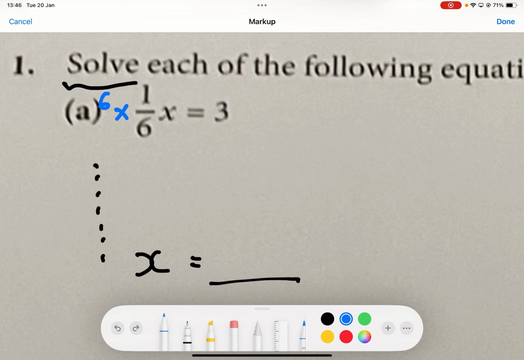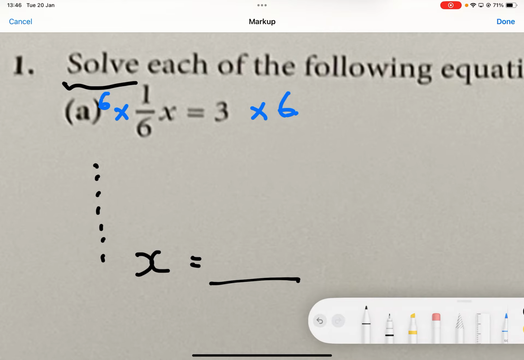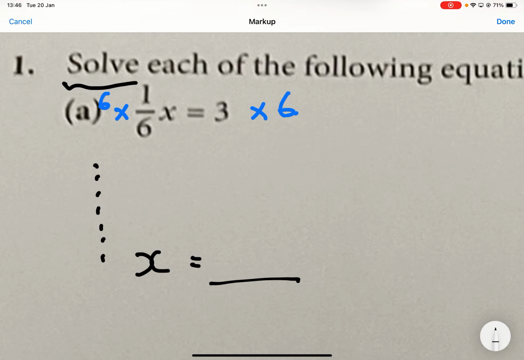But because I multiply 6, I must multiply the same thing on the right. Because I'm writing out the next equation, left still is the same as the right. Okay? Then when I simplify, 6 and 1 over 6x, the 6 and 6 cancel. I am left with x.